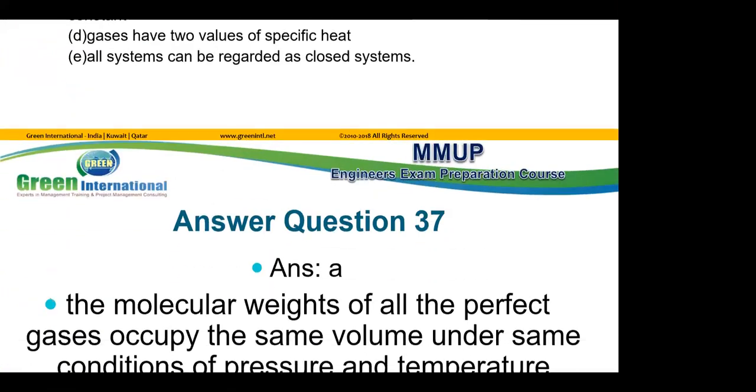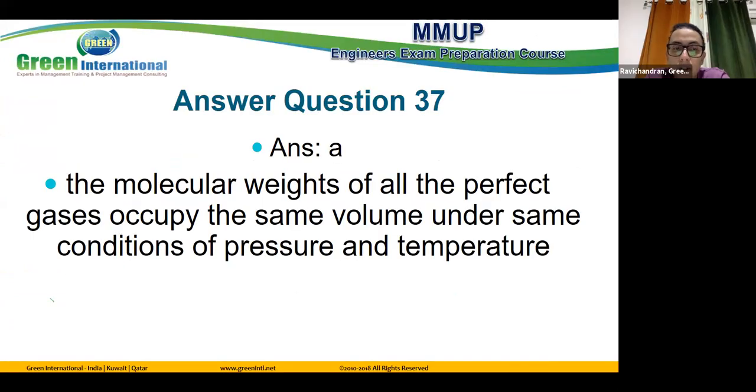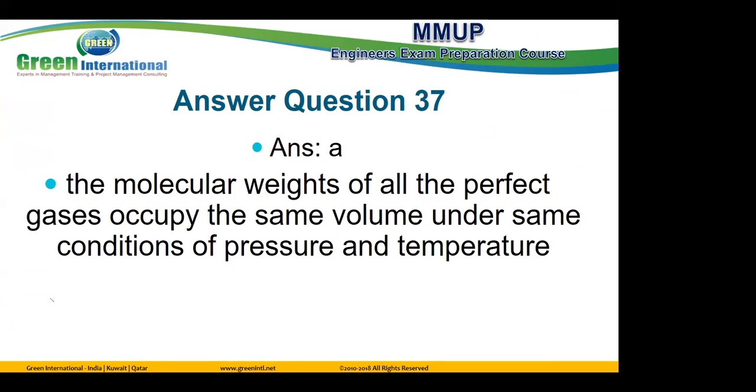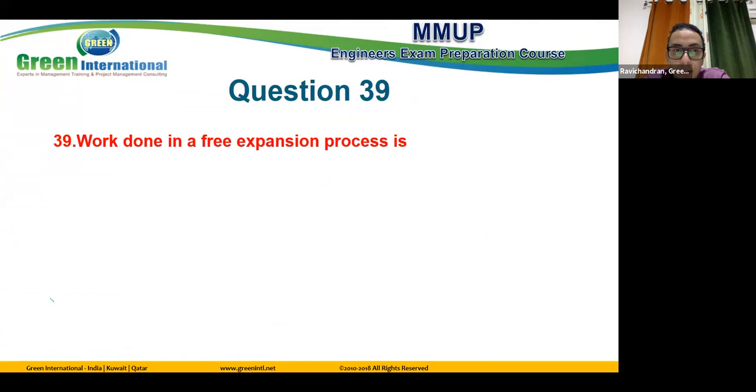The exact answer is A: the molecular weight of all perfect gases occupies the same volume under the same conditions of pressure and temperature. P and T are constant. This is the condition for Avogadro's hypothesis.